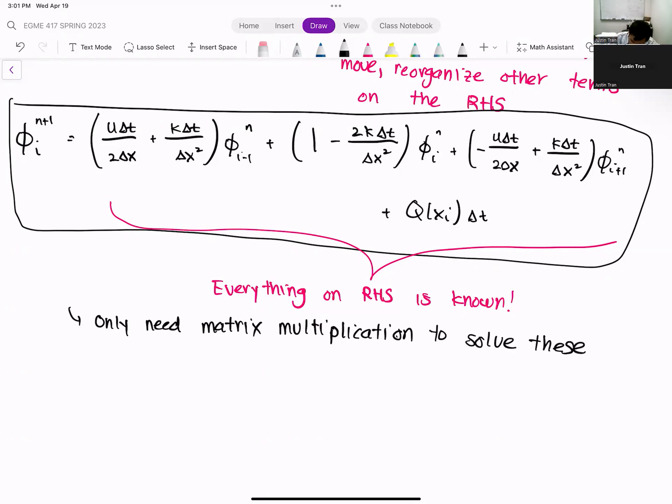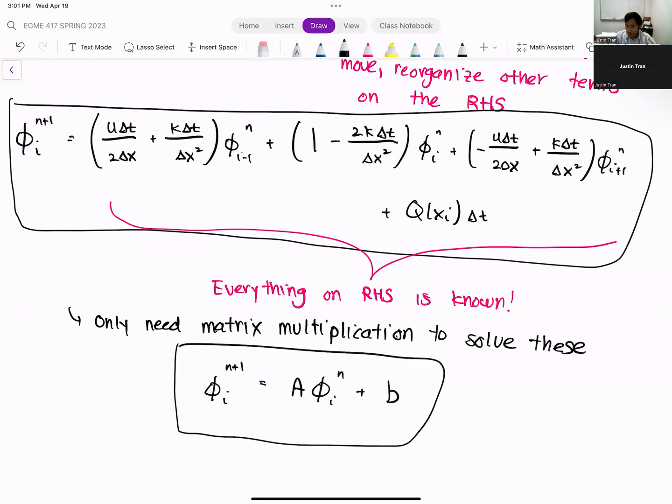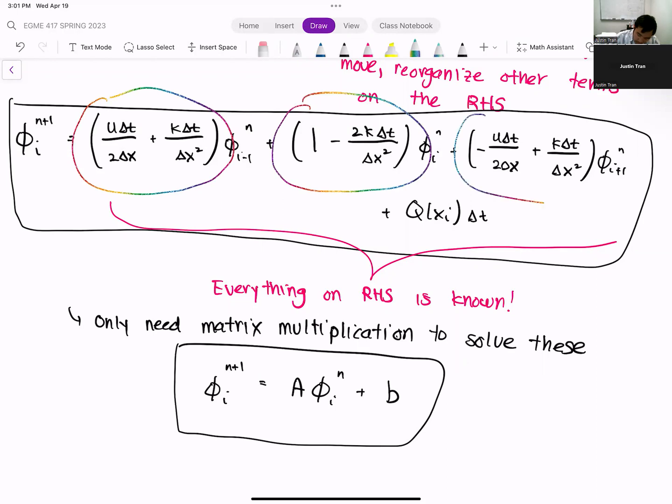All right. And so you've probably seen me use this expression before. Under explicit Euler, and this goes for both 1D and 2D, in order to get the solution at the next time step, you would take a coefficient matrix A, where the entries of that matrix are given by these expressions here.